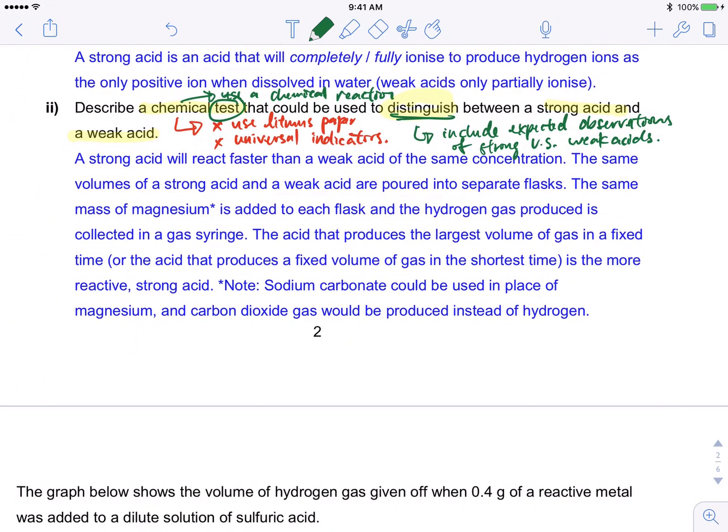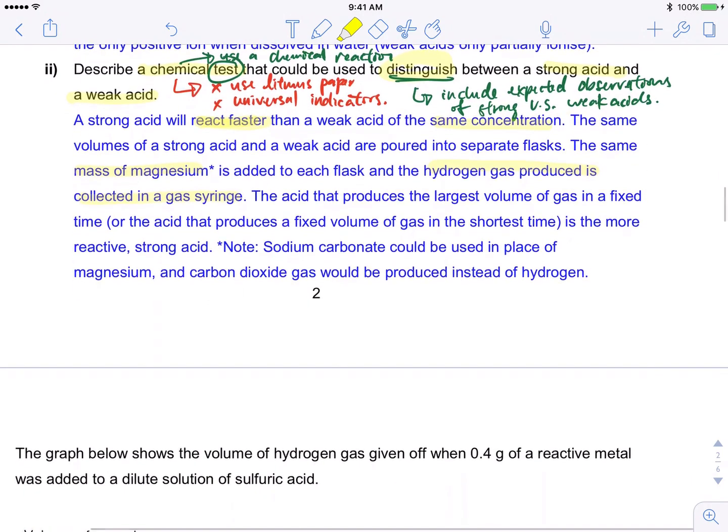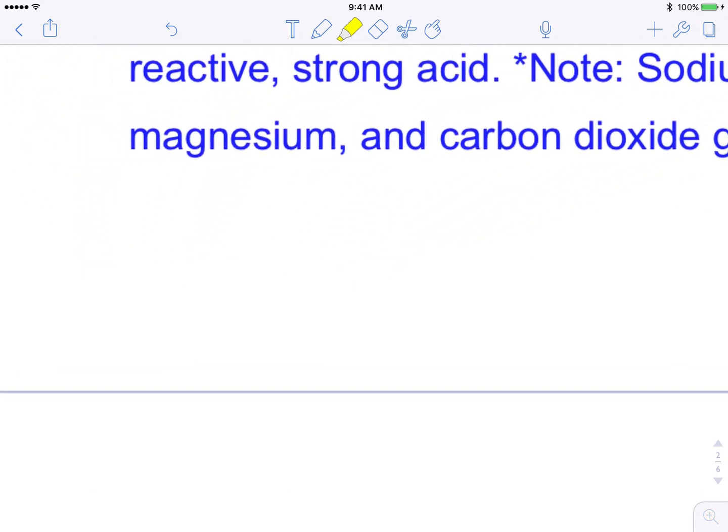Okay, so this part is similar to what we did last time. I think assignment 1 had a similar question where they asked you to compare strong and weak acid. A strong acid reacts faster, assuming that they are at the same concentration. So we add magnesium and we measure the volume of hydrogen gas produced in a syringe. How will this look? Let me draw it out.